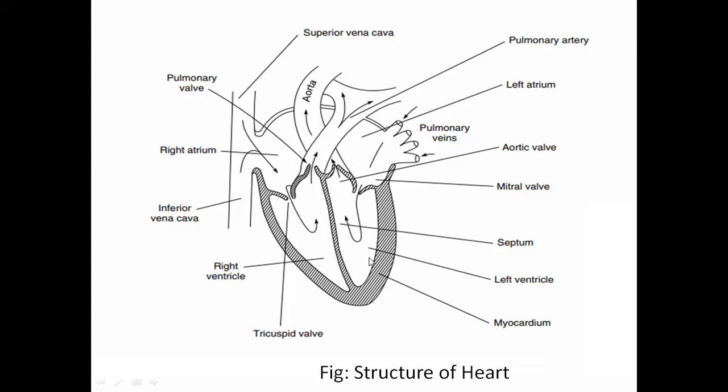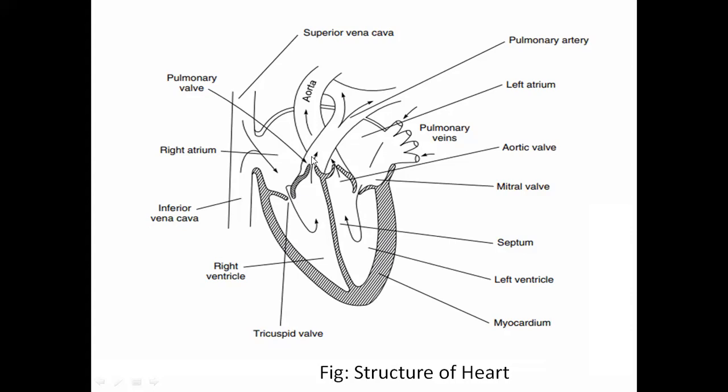First of all, here we have valves. This valve is called the tricuspid valve, and this one is the pulmonary valve.